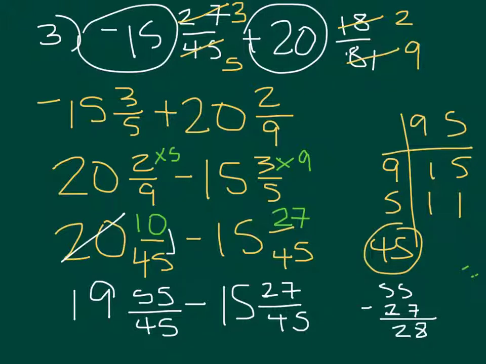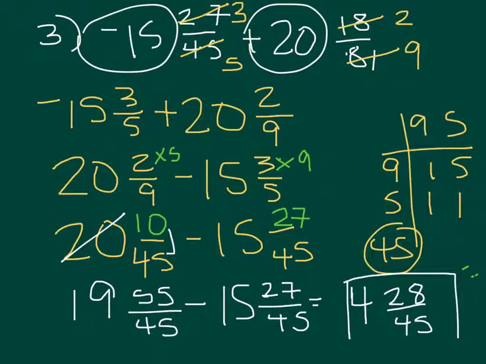So my answer is 4 whole number, 28 over 45. And as you can see, neither 28 nor 45 are divisible by any number, so my answer is 4, 28 over 45.